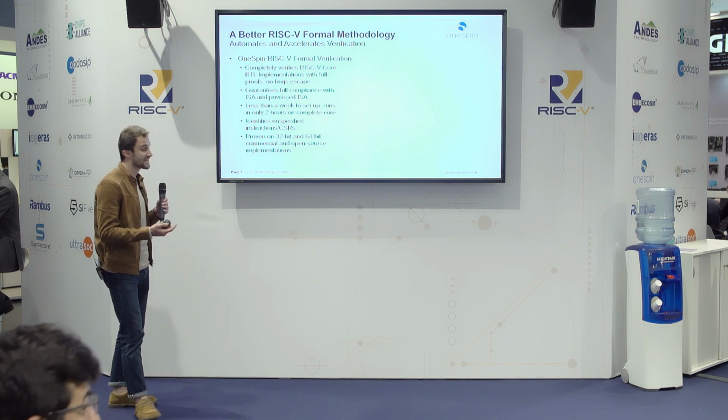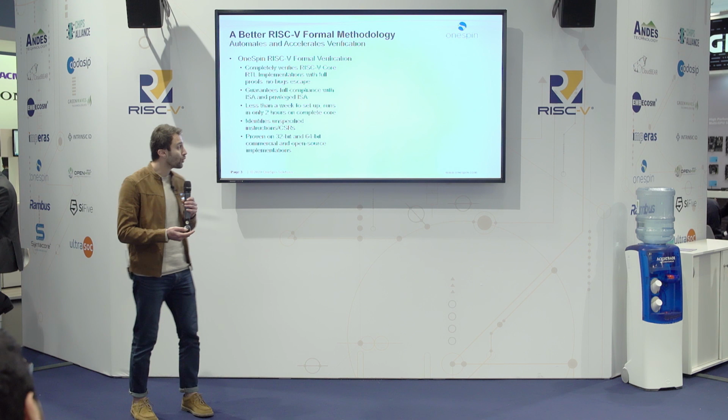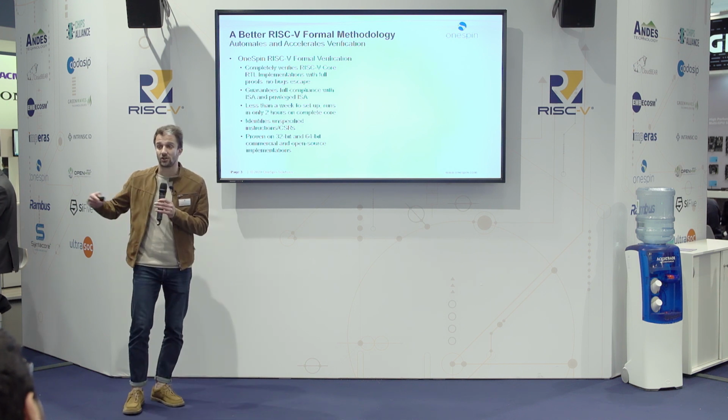And this has been proven on 32-bit and 64-bit cores, open source and commercial cores, as we will see in the next slides, with a setup time of less than a week and a proof time of 2 hours sequential runtime. So if you have many cores, and you run the properties or assertions on many cores, you could obtain the results in less than 15 minutes.